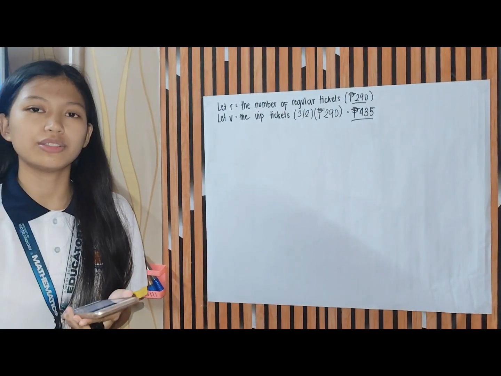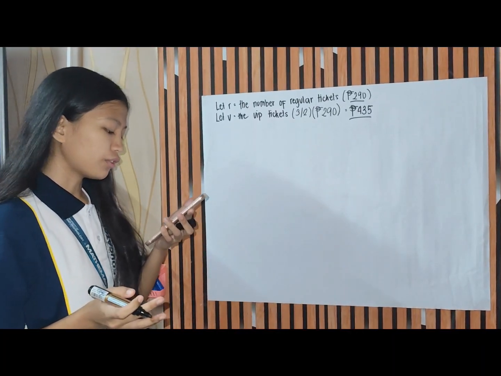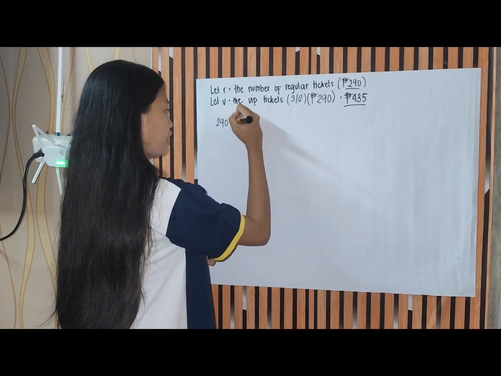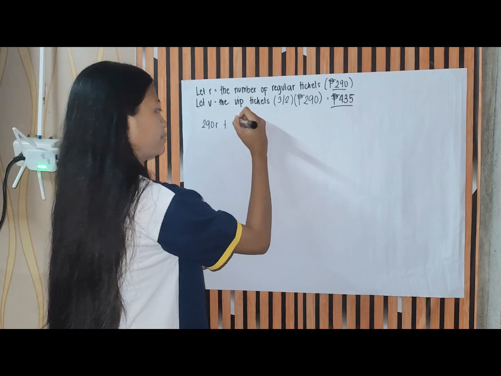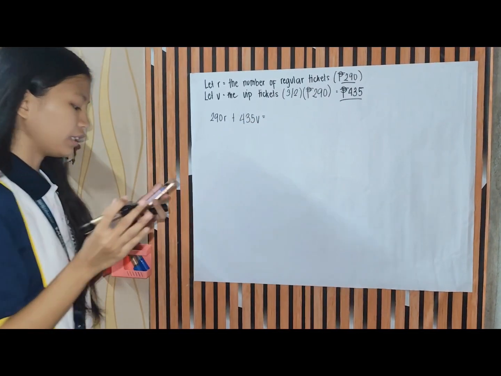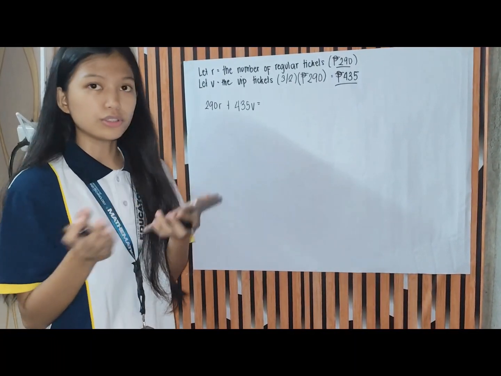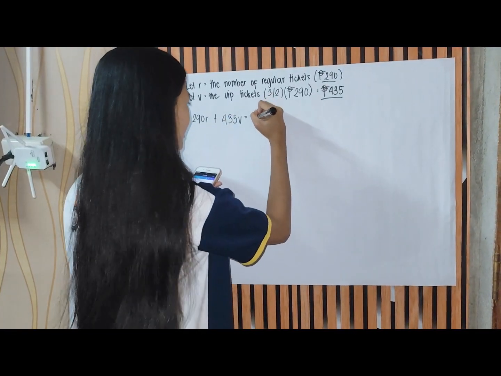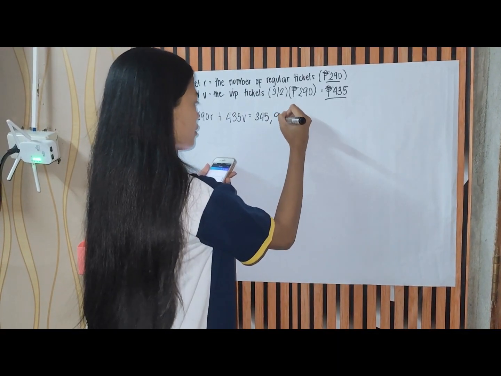So the second thing that we need to do is identify the equations that we will be needing. The first one is 290R plus 435B is equal to the total ticket sales that is sold during that night, 345,970 pesos.